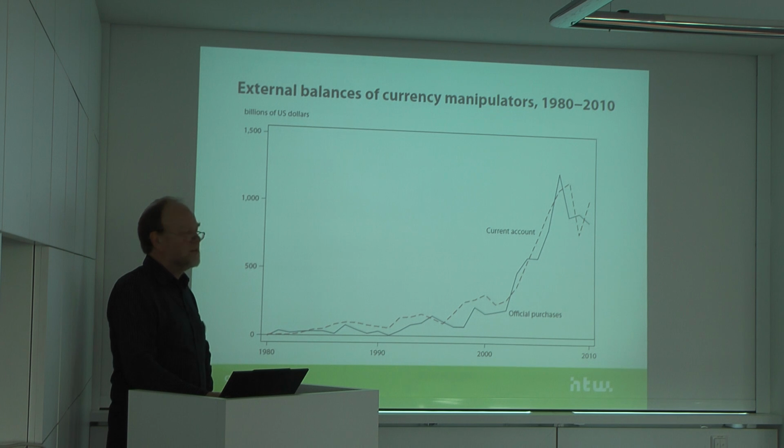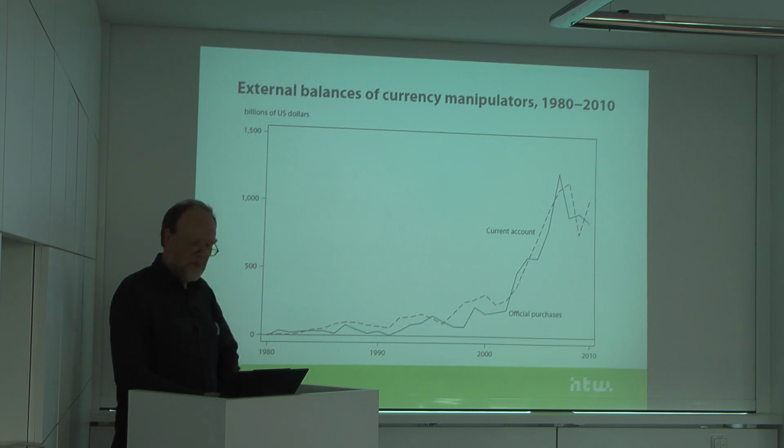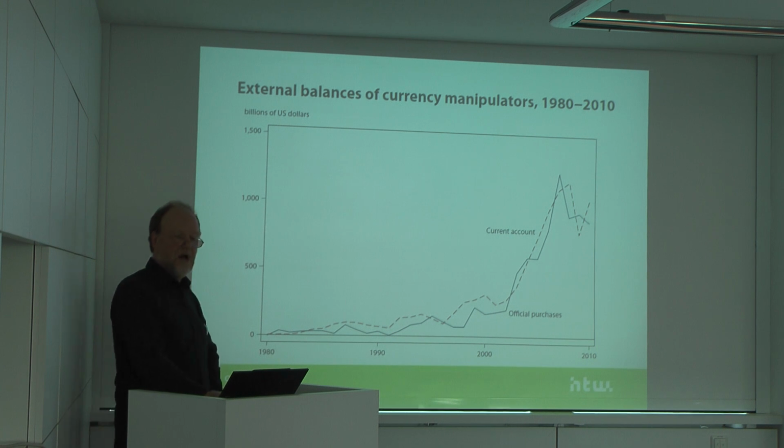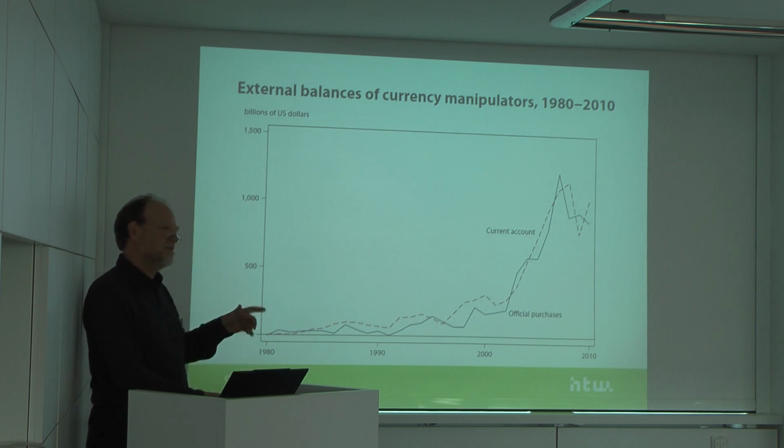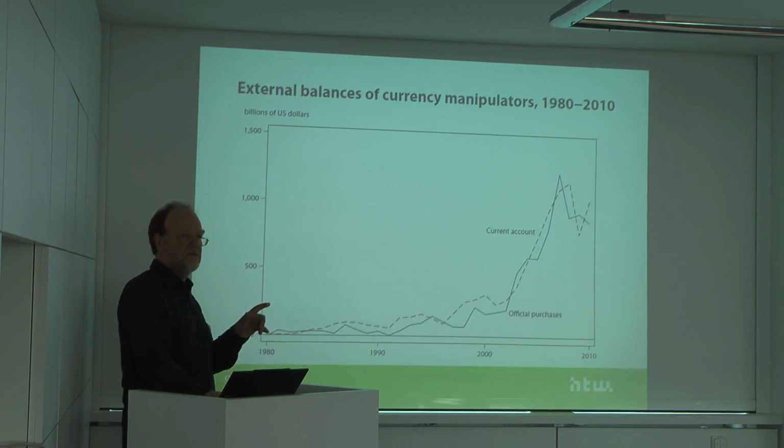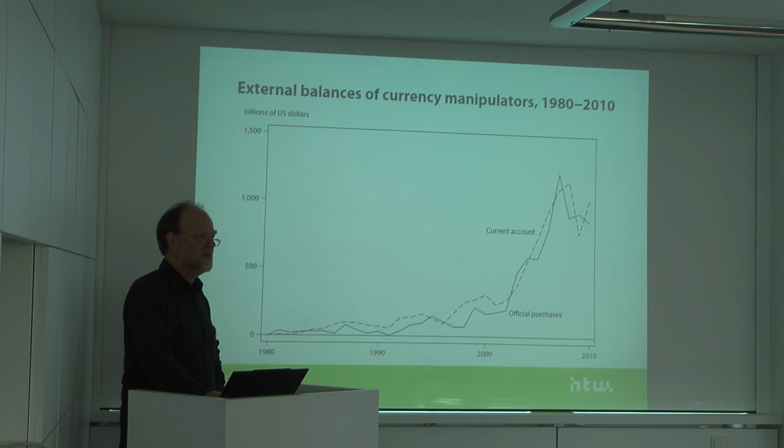Now, if we continue with that kind of reasoning, we simply can compare current account and reserve accumulation. And that figure gives the impression, at least, that there is a certain connection between both sides.